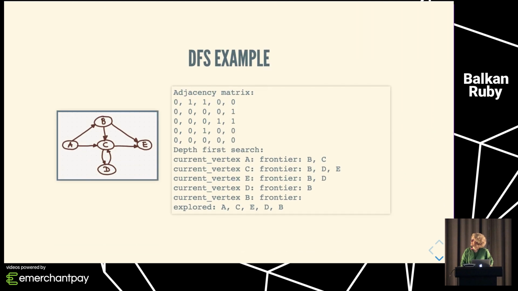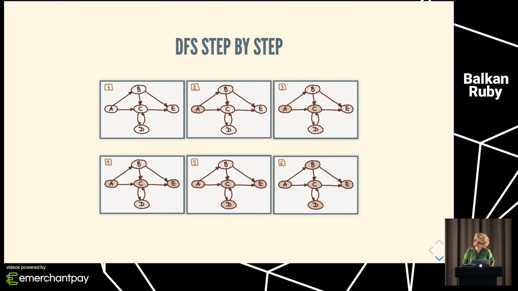In this case, for this very simple graph, what we will do is start from the vertex A, which will be our source vertex, and then go through A, C, E, D, and B in order to traverse all the graph. If we draw this step by step, you see that we are traversing the graph by branches.